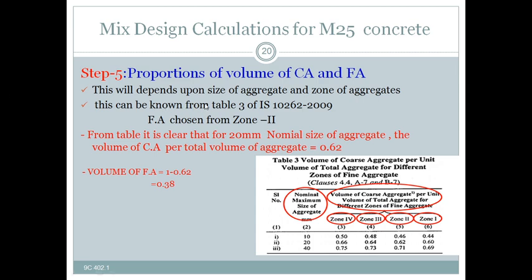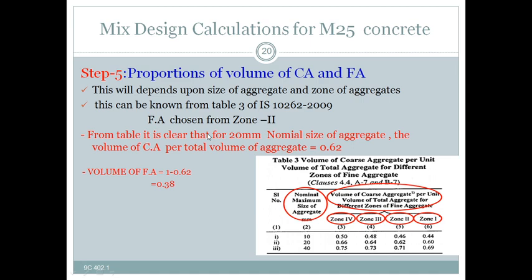The next one, the proportions of volume of coarse aggregate and fine aggregate. Again this will depend upon the nominal size of the aggregate and the zone in which fine aggregate falls. Based on these two parameters I can calculate the proportions of volume of coarse aggregate and fine aggregate. So I am choosing my fine aggregate to fall in zone 2.